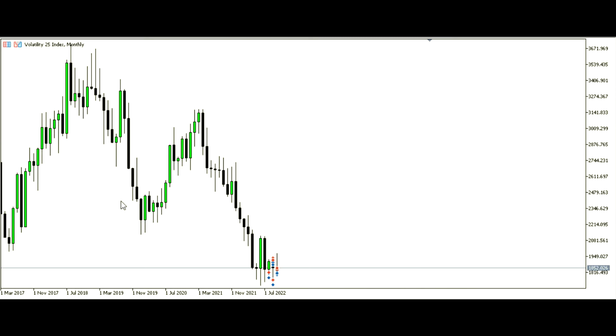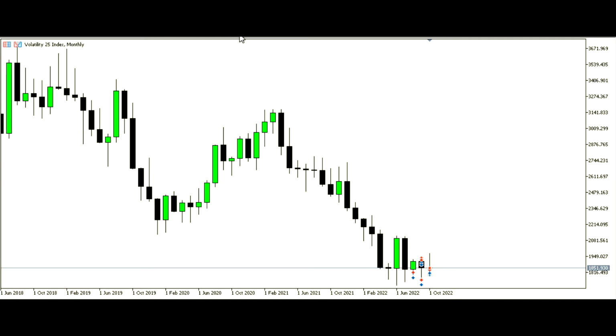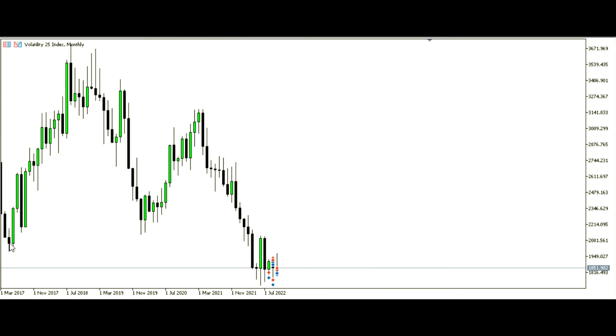Right. So for instance, this is a typical chart which shows that the market was trading. Let's say if it was only this particular chart, we would say the market is bearish. Why do I say that?